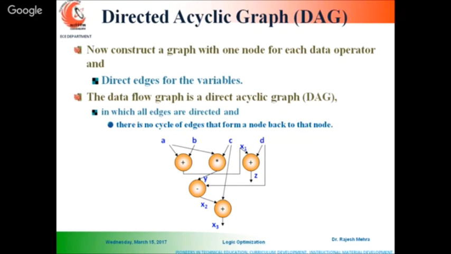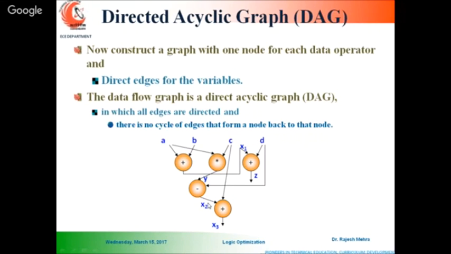The second one was Y, A multiply by C, and you get Y. Third one was your Z, X1 plus D, and the fourth one was X2.